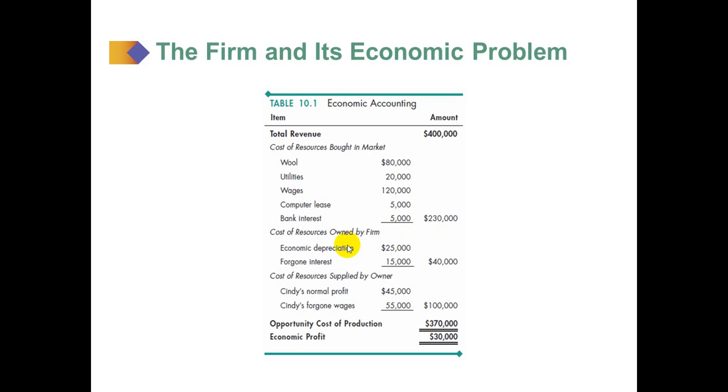Cost of resources owned by the firm: economic depreciation 25,000 and foregone interest 15, the total is 40,000. Cost of resources supplied by the owner.